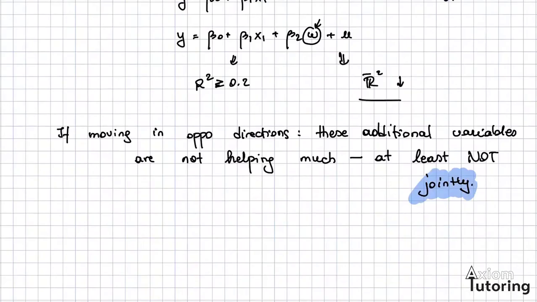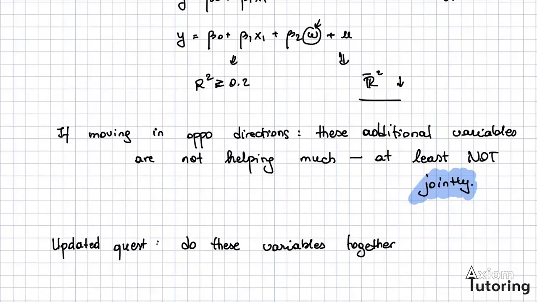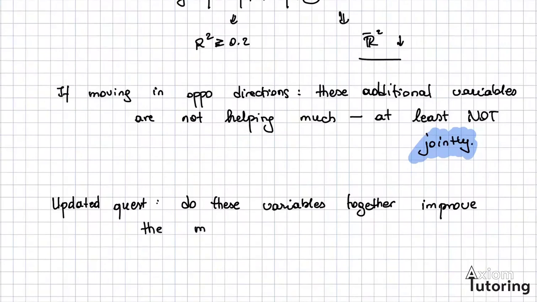That word is jointly. So in a sense, adjusted R squared is quietly asking, do these variables taken together improve the model enough? So the updated question now is, do these variables together improve the model enough to justify using up degrees of freedom all over again?